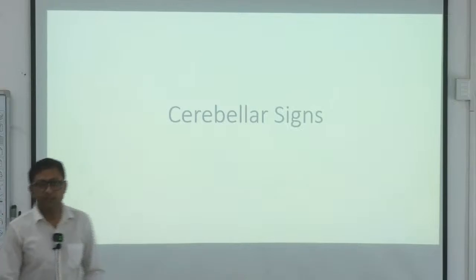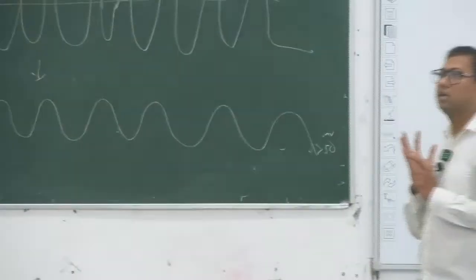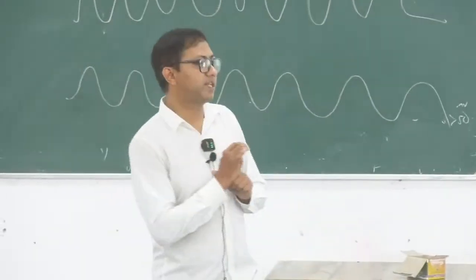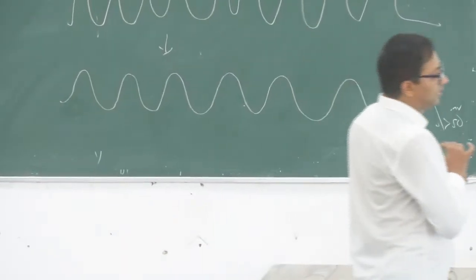So your question is what are the questions that may come from cerebellum. First question: what are cerebellar signs, or what are the signs in a patient of cerebellar disease. Next question is functional anatomy of cerebellum and functional subdivision of cerebellum.